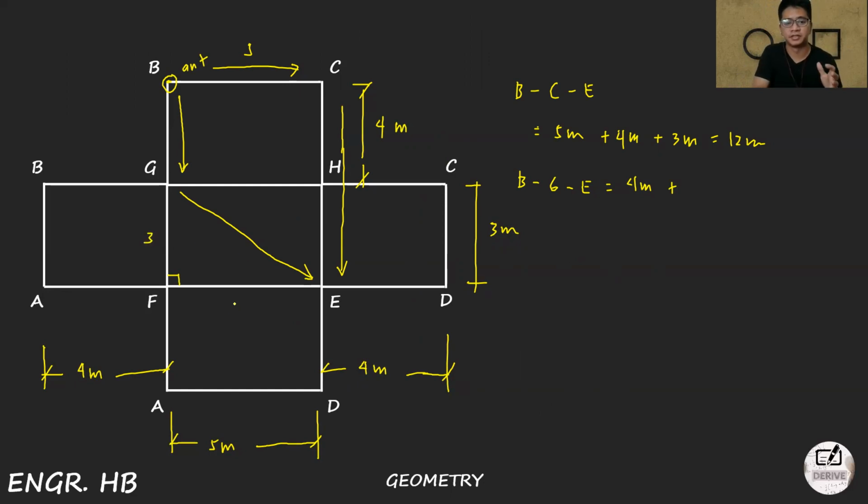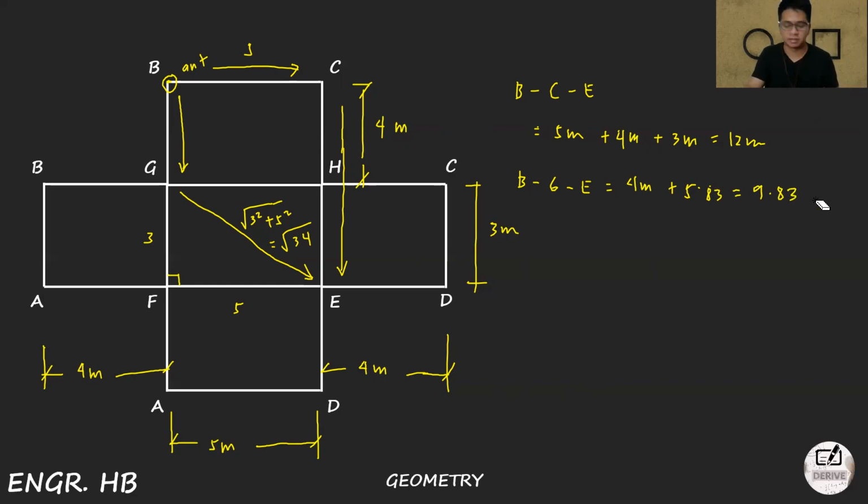And from F to E, that was 5 meters. So basically, this is a 3 squared plus 5 squared. So that will become 25 plus 9 is square root of 34. So we all know that the square root of 34 is equal to 5.83. So 5.83 plus 4 meters. So that was 9.83 meters.